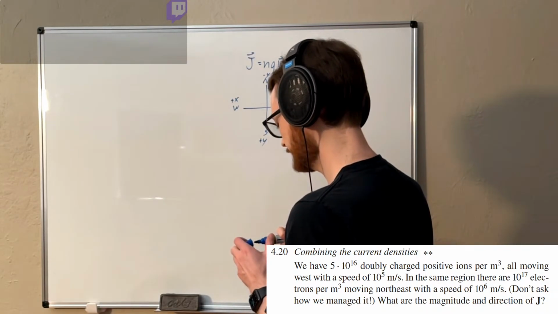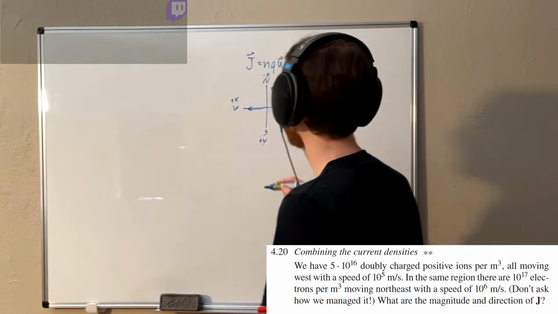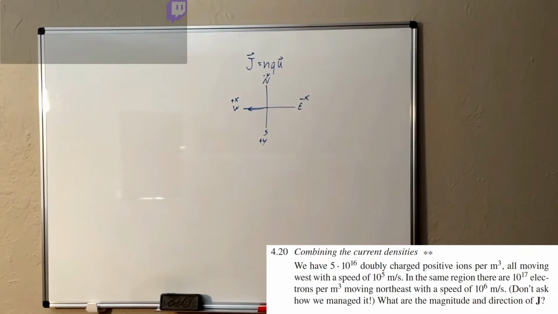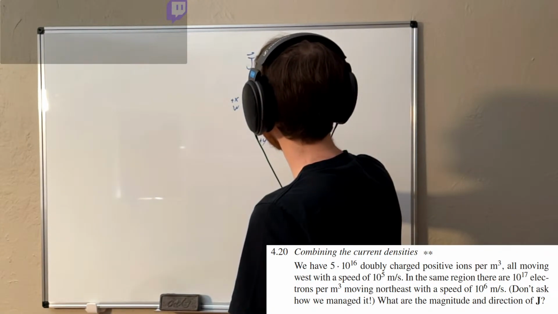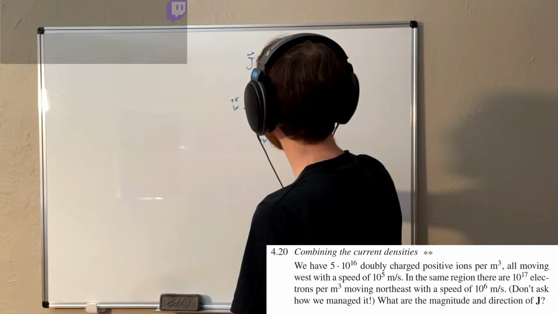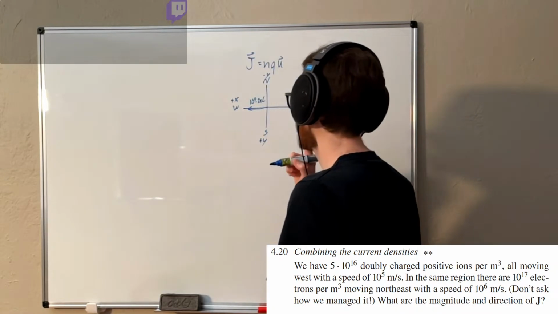So moving west, we have 10 to the 6 times 2e coulombs. Probably. I don't know. Who cares?